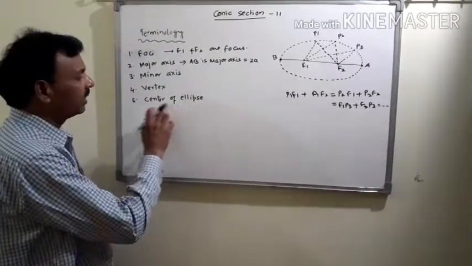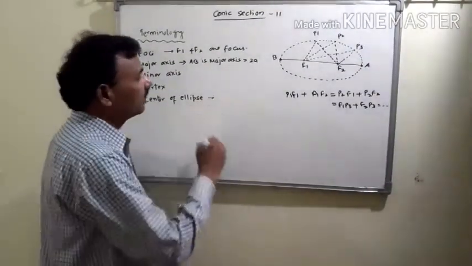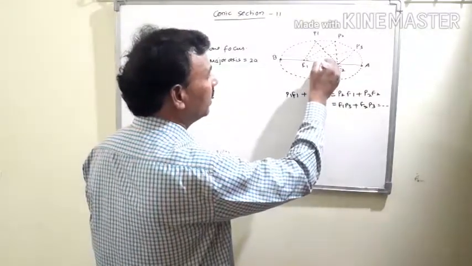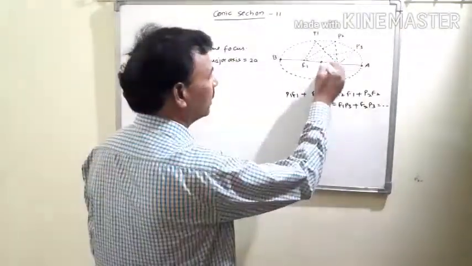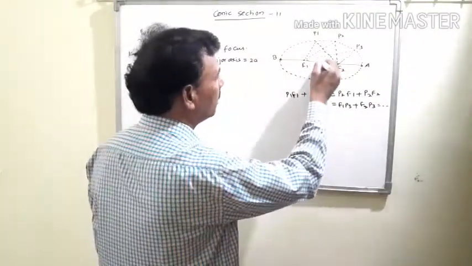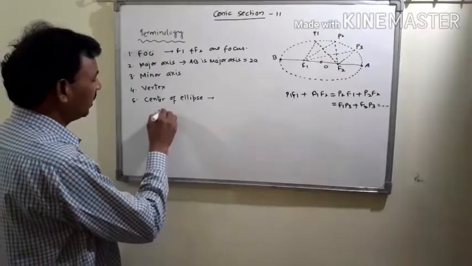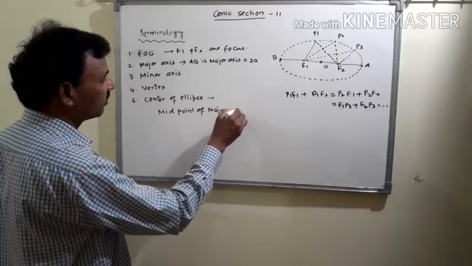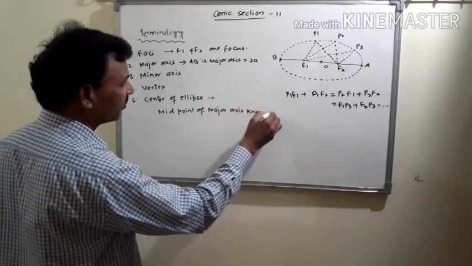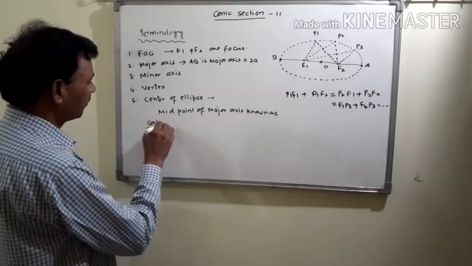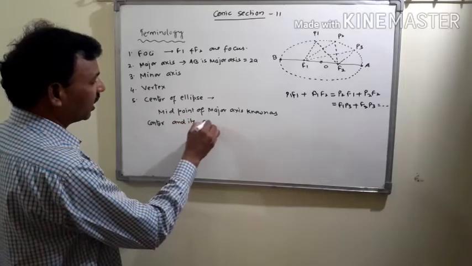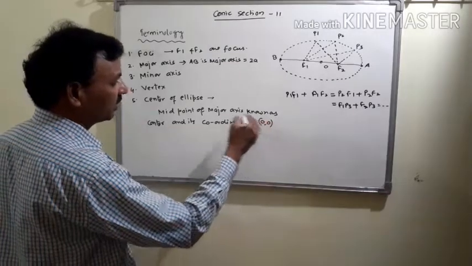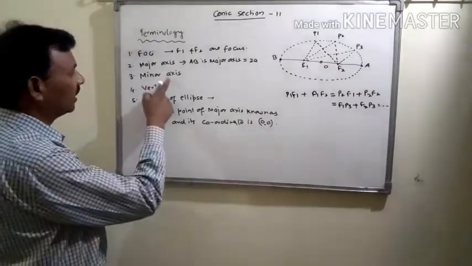The center of the ellipse is the midpoint of the major axis, and it is denoted by O. The midpoint of the major axis is known as the center, and its coordinates are (0, 0).